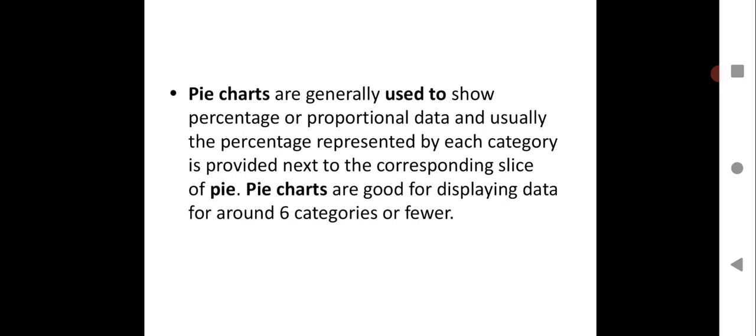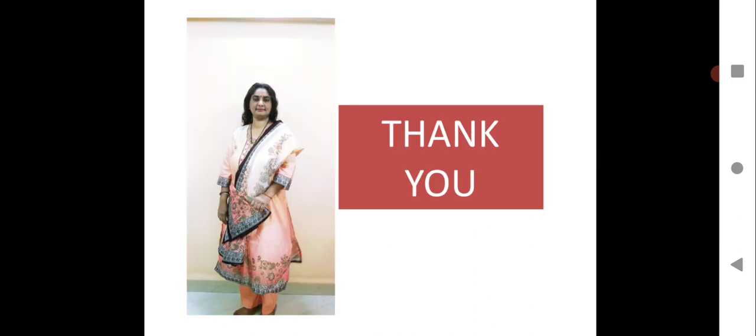As I told you, you cannot have too many observations or categories, because then it becomes very clumsy to show on a pie chart. For 6 or 7 categories of data you can show easily with the help of pie charts. I hope the concept of the pie chart is clear, and you just have to draw one pie chart in your notebook, the first one which I showed you, to get a better understanding of how information can be depicted with the help of a pie chart.